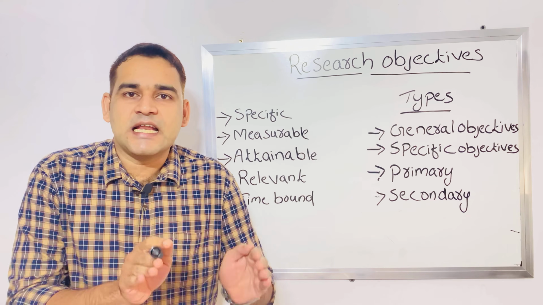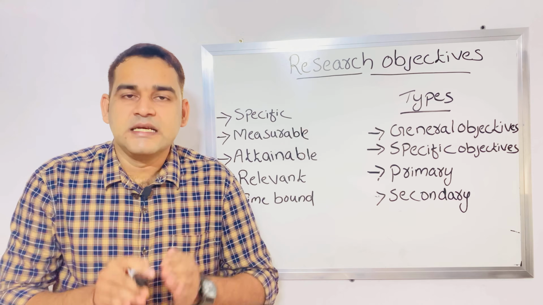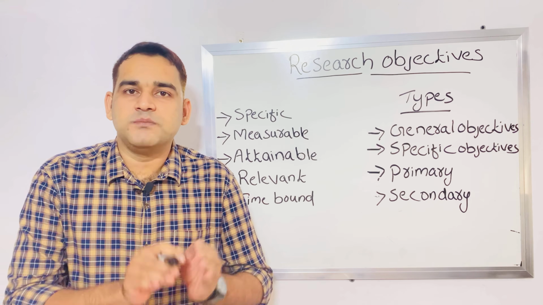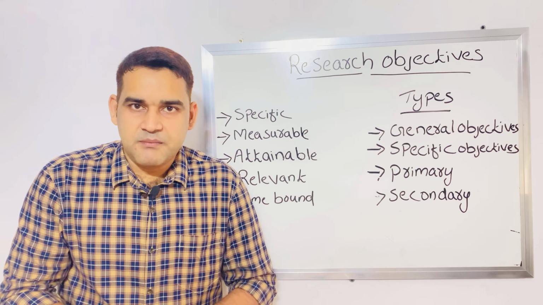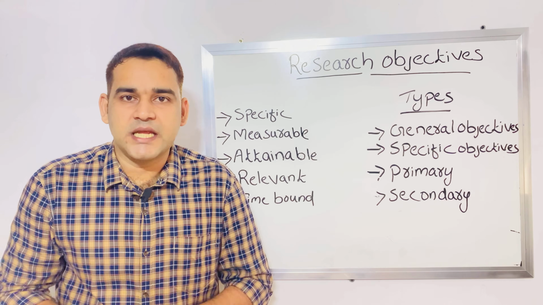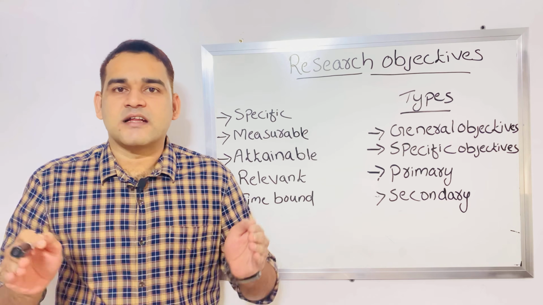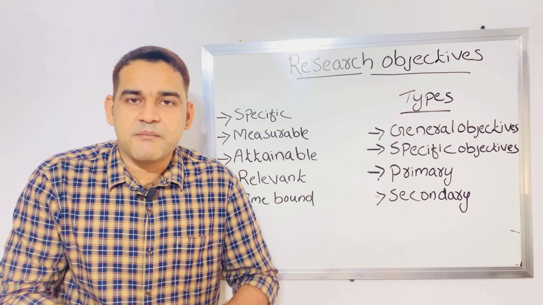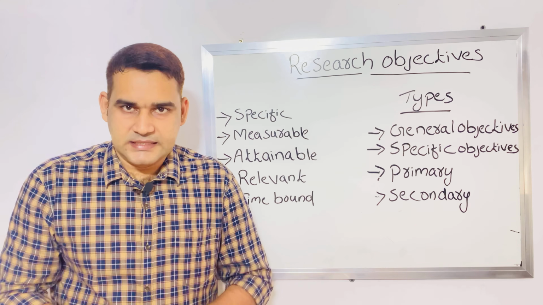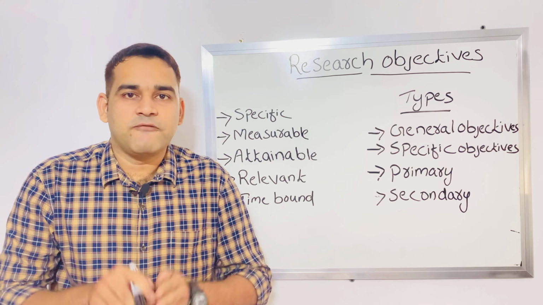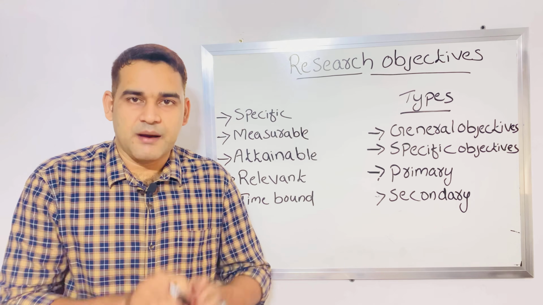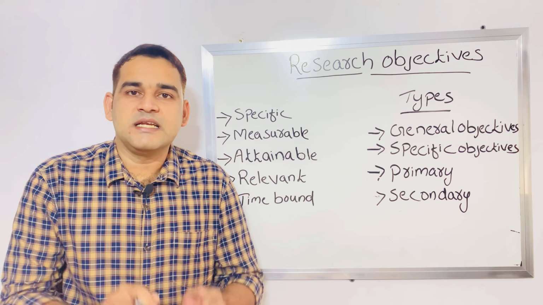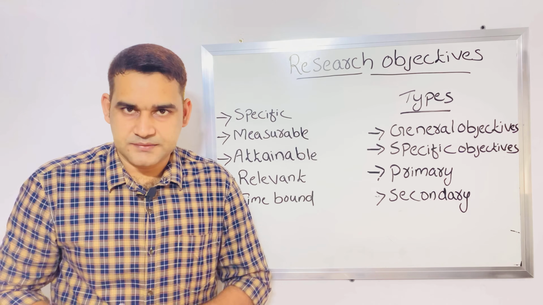The number of general objectives will be less, but it is the main objective. Broad focus but less in number, that is the general objective. The objectives in general terms.